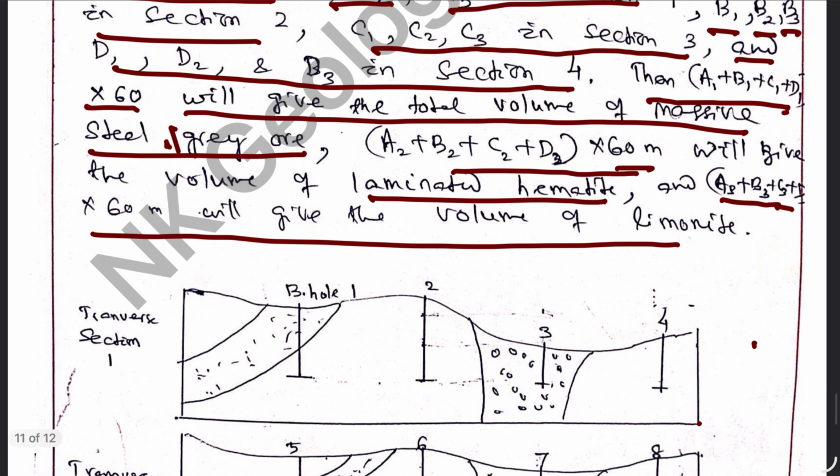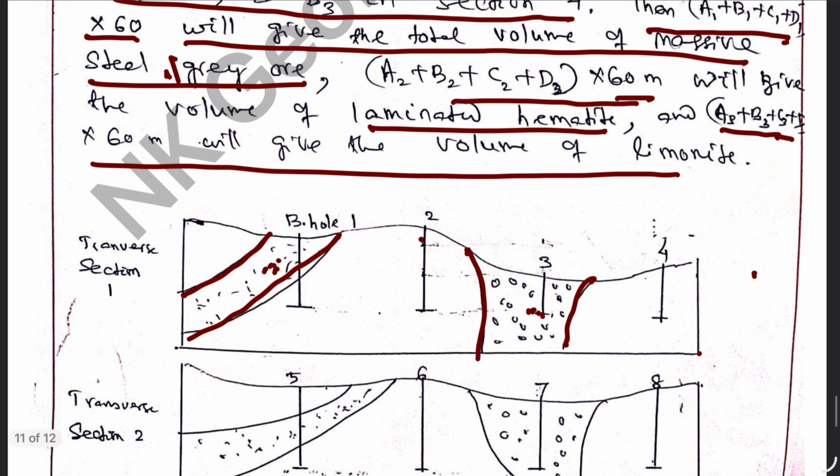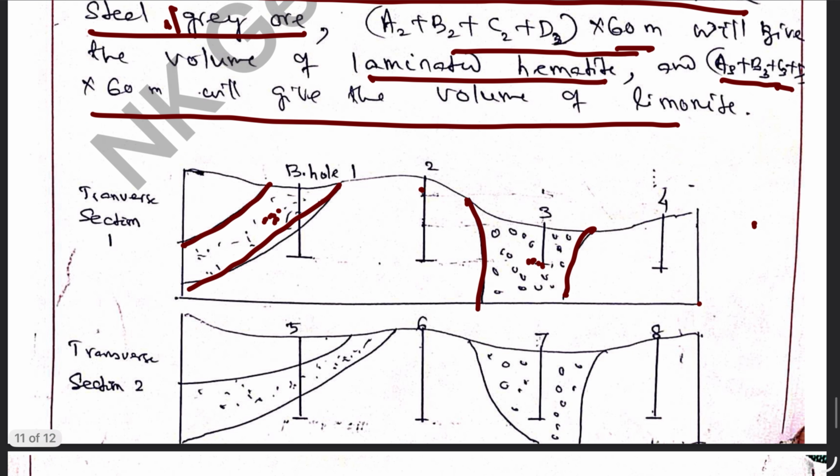So here in the diagram, borehole 1, 2, 3, 4, and from the borehole data the area of extension of the deposit has been found out. This is one type of ore, this is another type of ore, this is the third type of ore. Same thing here.